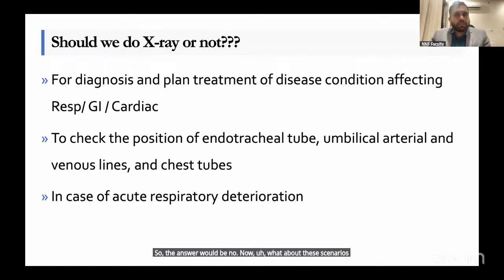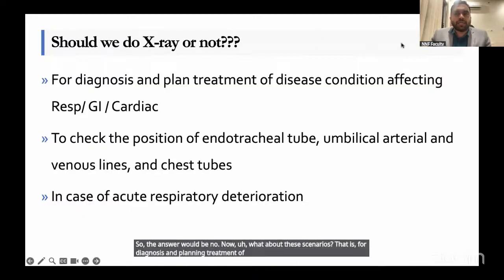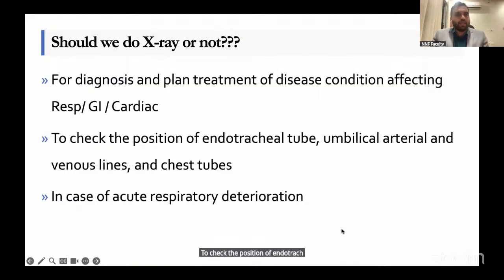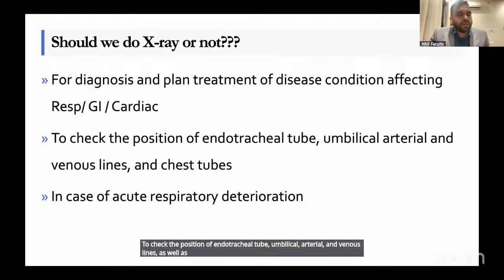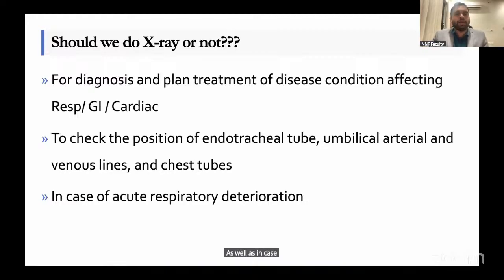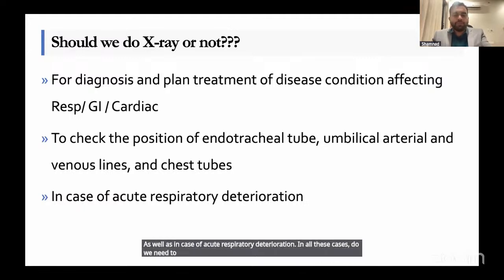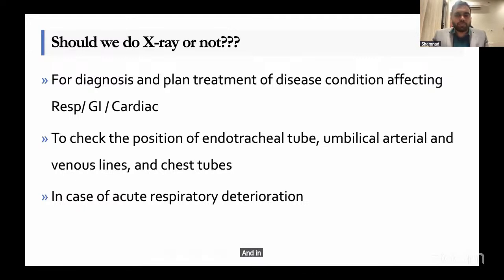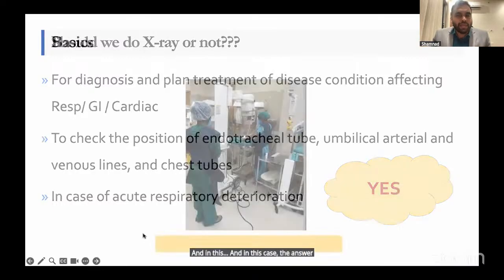That is, for diagnosis and planning treatment of conditions such as respiratory, GI, and cardiac conditions, to check the position of the endotracheal tube, umbilical arterial and venous lines, as well as the chest tube, as well as in case of acute respiratory deterioration. In all these cases, do we need to do an X-ray or not? In this case, the answer would definitely be a yes.